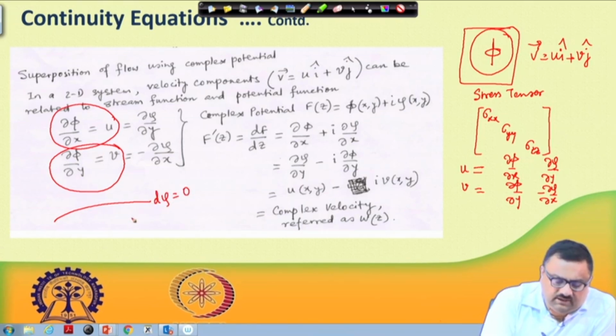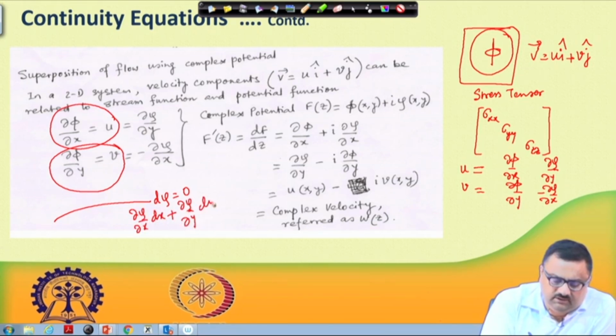So, d psi is equal to 0 means we have del psi del x dx plus del psi del y dy, that is equal to 0. So, what we had here is minus v dx plus u dy is equal to 0.